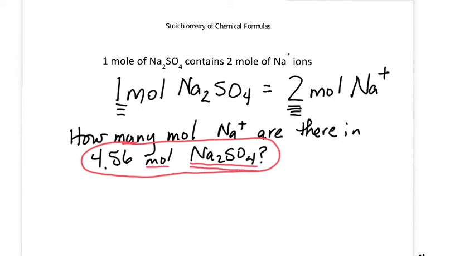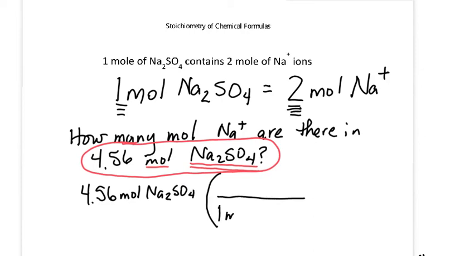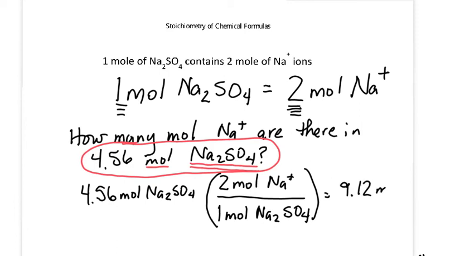Label is sodium sulfate. So 4.56 moles of sodium sulfate. And for every 1 mole of sodium sulfate, it contains 2 moles of sodium ions. So 4.56 times 2, 9.12 moles of sodium ions.